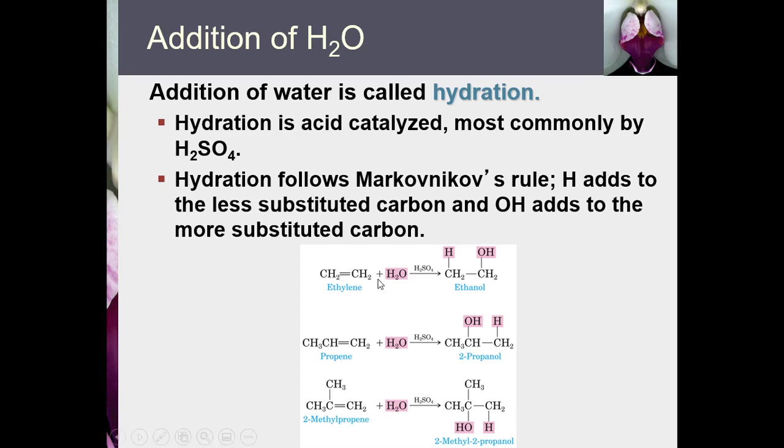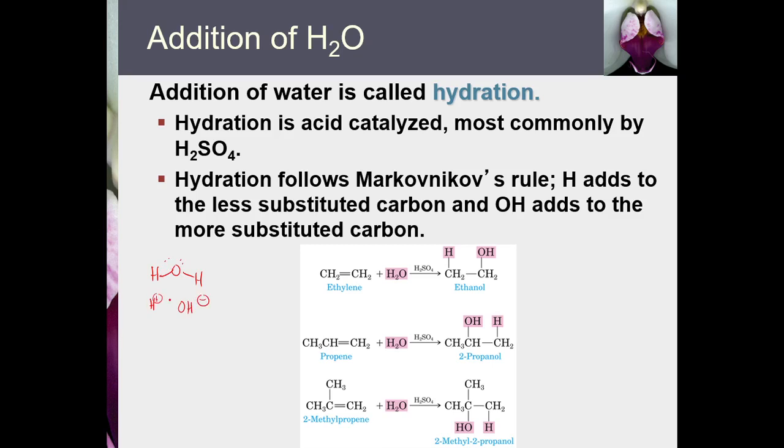So let's give an example here. So we have here ethylene and then water. So yung water pala dito, 'di ba? HOH yan. So your water will split into H and then OH.